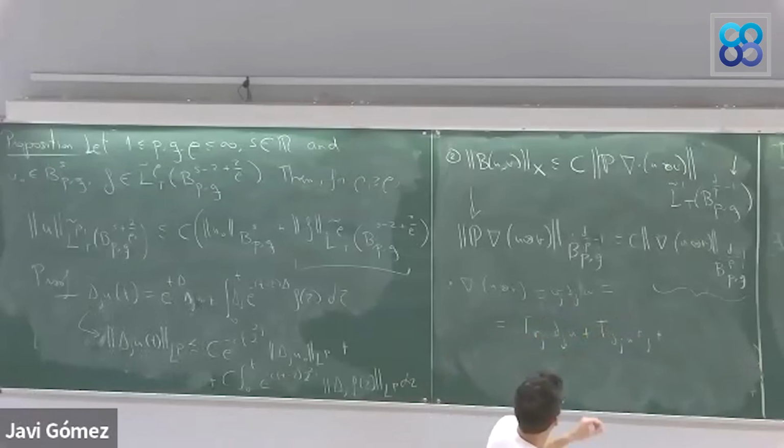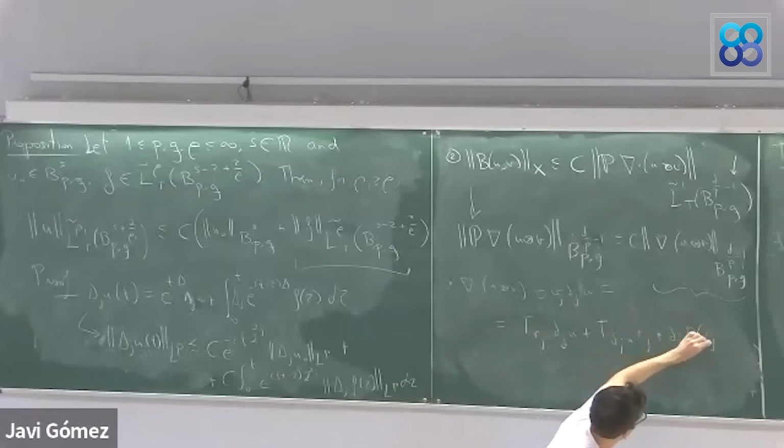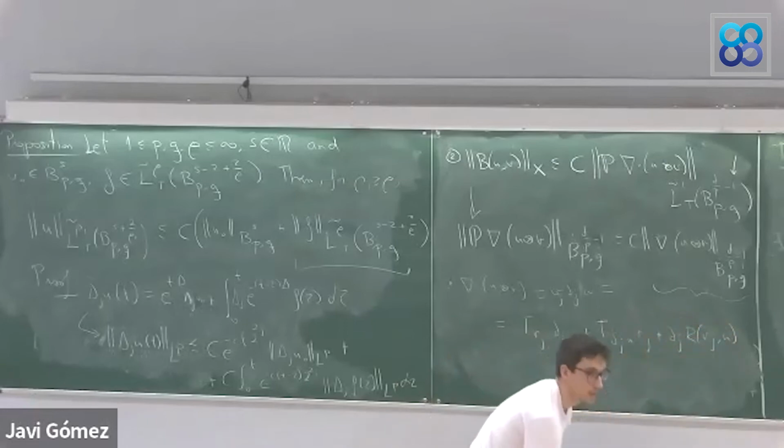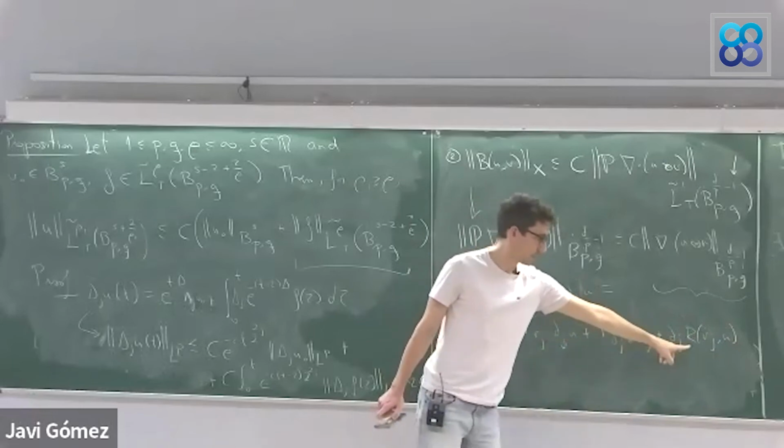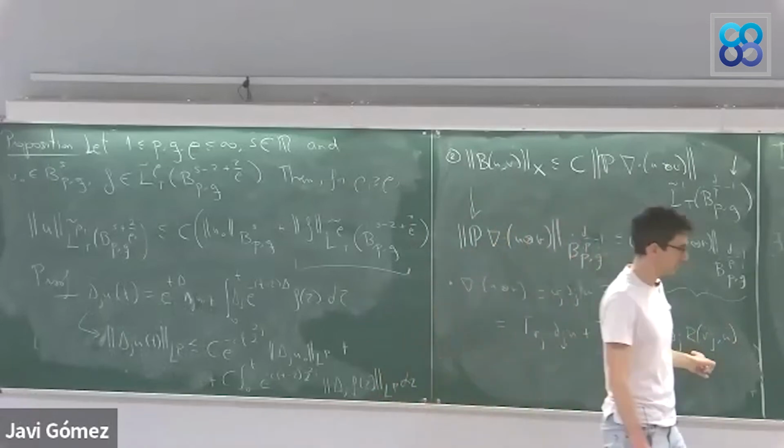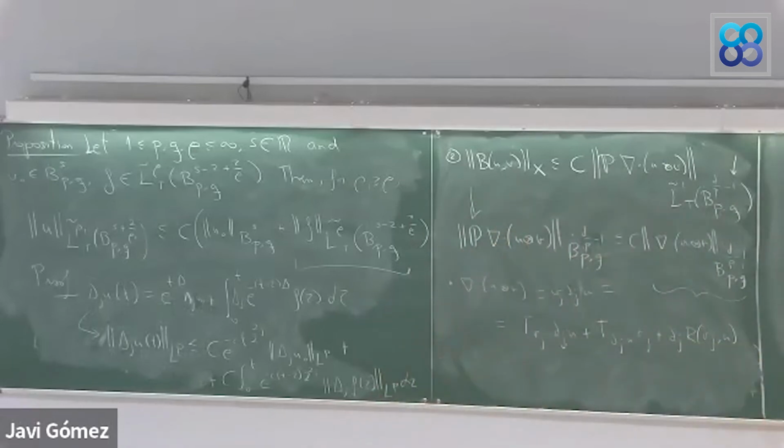Plus, and for the remainder, I put the derivative outside. Okay, and this is because for the remainder it was important that we work with positive index for the derivatives.